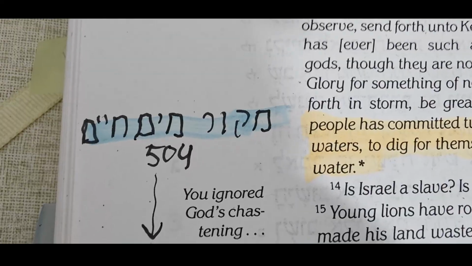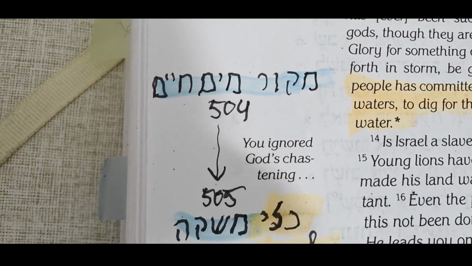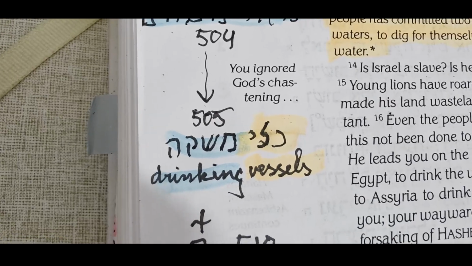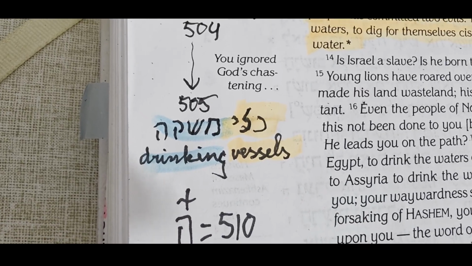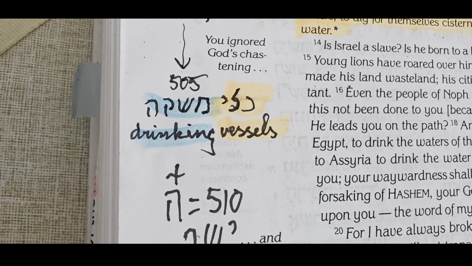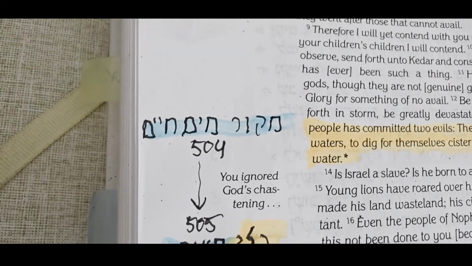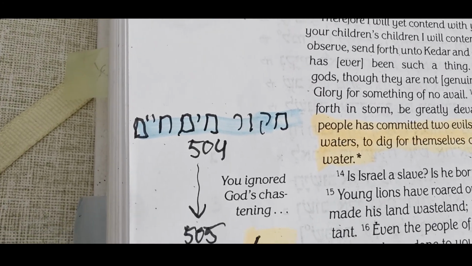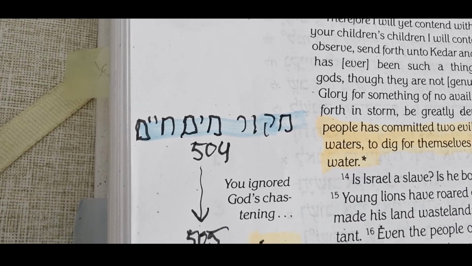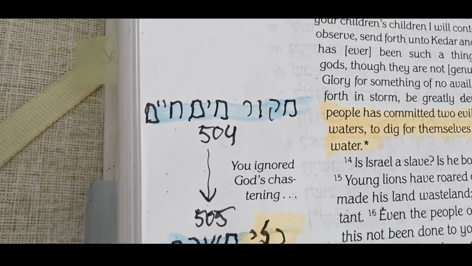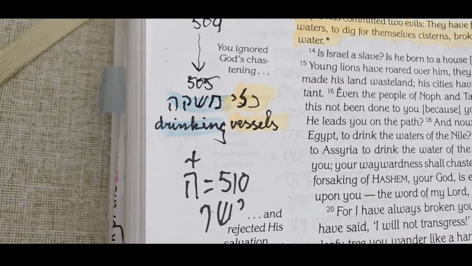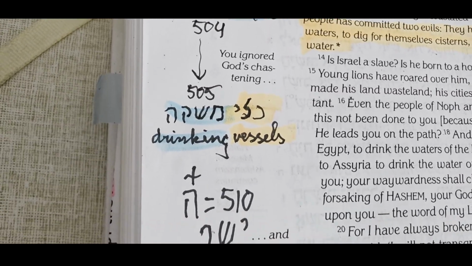Makor Maim Chayim, the source of living waters, values 504, which in Kollel is 505, which is Keli Mishka, which are the drinking vessels, those that can obtain, right? If you drink it, it means you take it to you, right? Eat his bread, drink his water, Maim Chaim, living waters. So those that have the vessels that can drink it, right?